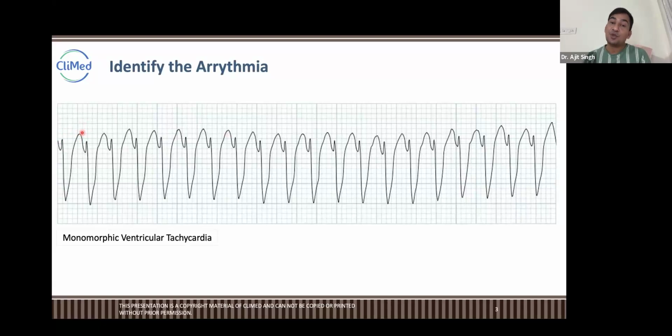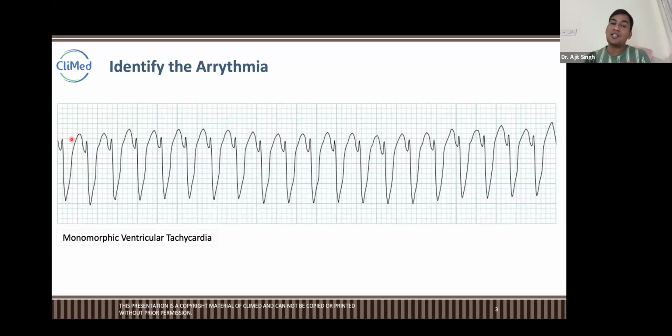If you count here, one, two, three, four, almost four small boxes are included in this QRS complex. More than two and a half small boxes or more than 120 ms is a wide QRS complex. So the first phenomenon for ventricular tachycardia is a wide QRS complex.